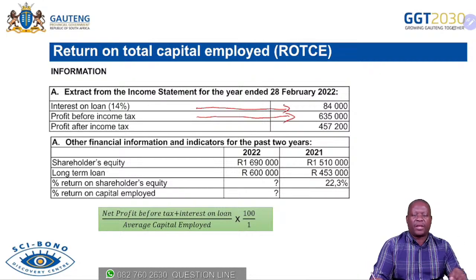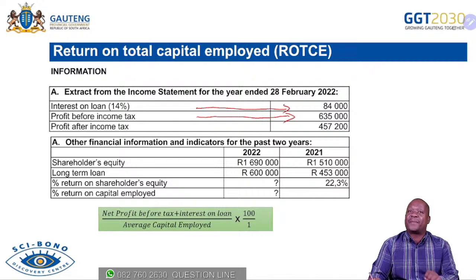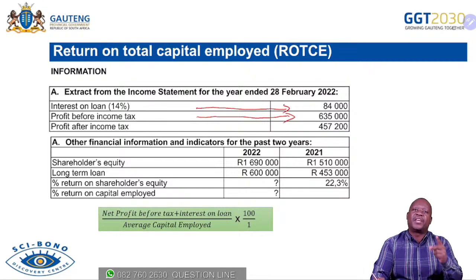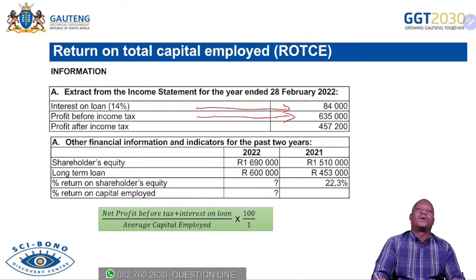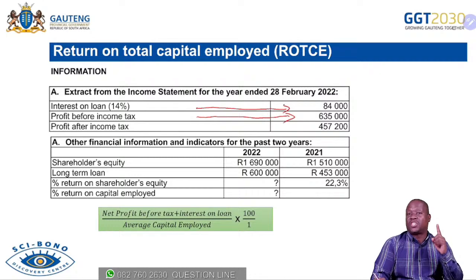But when it comes to the bottom line, the denominator, it is average capital employed. And I said capital employed, you've got something to do with share capital and the loans. So we are going to have 4 figures added together there. Opening shareholders' equity plus closing shareholders' equity.